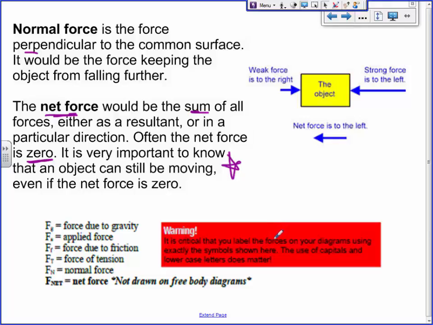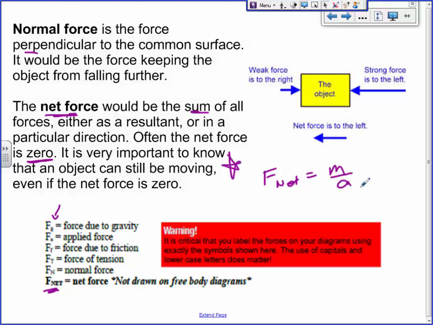All right, last thing I threw on here. Often we'll use F for force, and there'll be all these little subscripts. So like Fg could be a gravity force, Fa an applied force, Ff friction, T tension, N normal force. This is the one that's on your formula sheet. You'll probably see it as F net equals mass times acceleration.